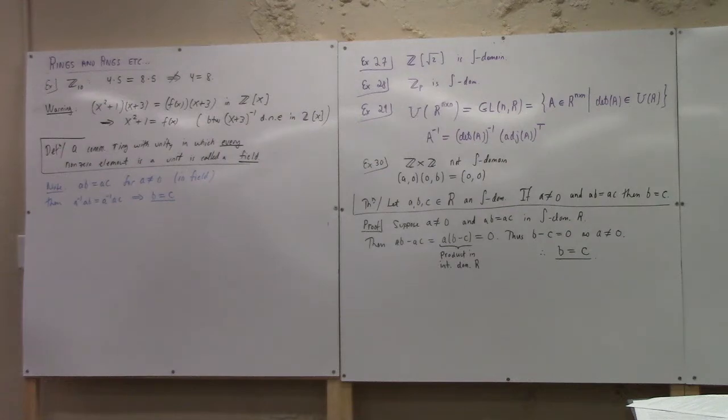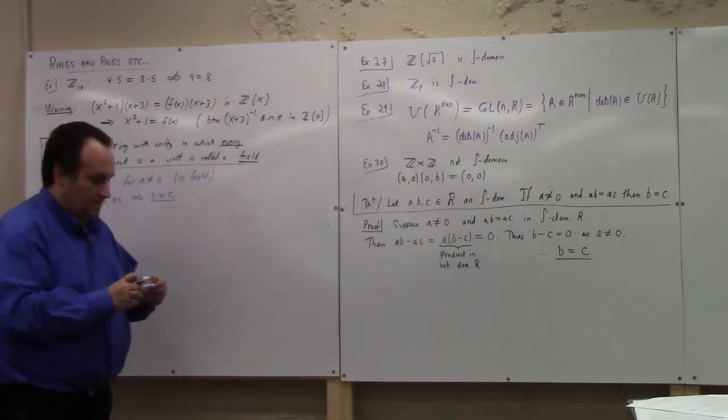But notice, again, the cancellation property doesn't have to be based on multiplication by inverse. In an integral domain, we kind of skip past that. Sneaky.